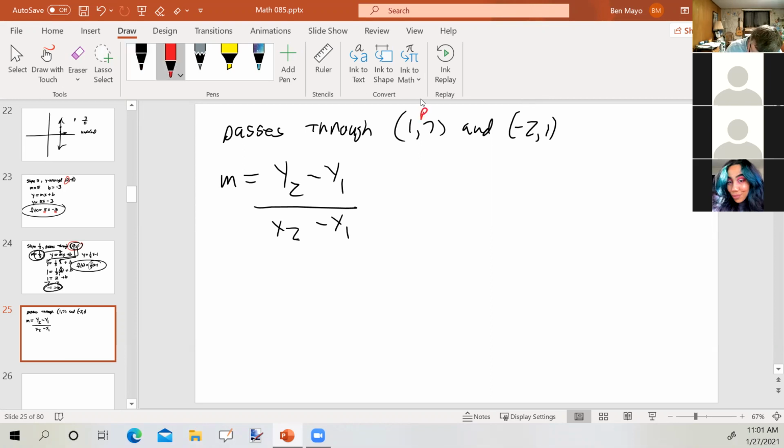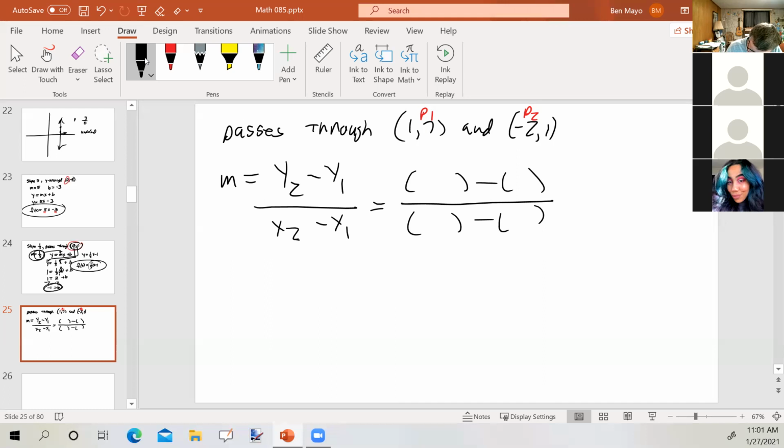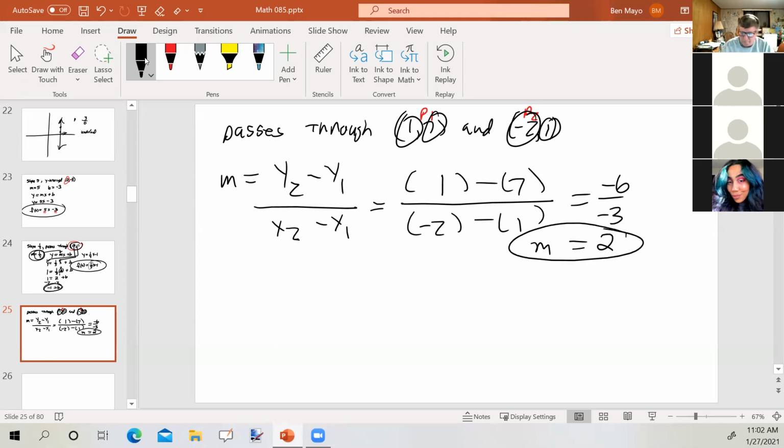So if this is point 1 and this is point 2, y sub 2 is 1, y sub 1 is 7, x sub 2 is -2, and x sub 1 is 1. Doing the arithmetic, 1 minus 7 is -6, -2 minus 1 is -3. This simplifies down to 2. So the slope is 2.